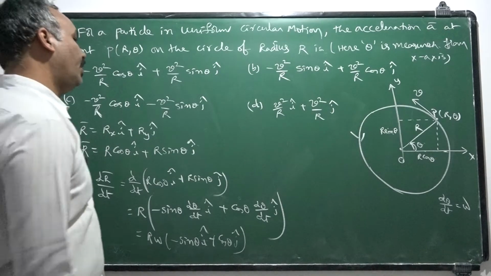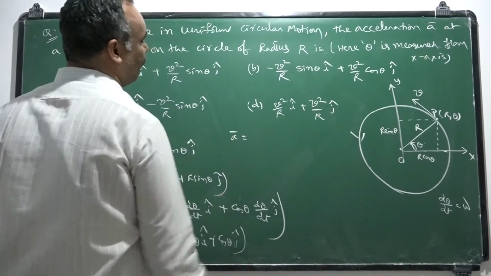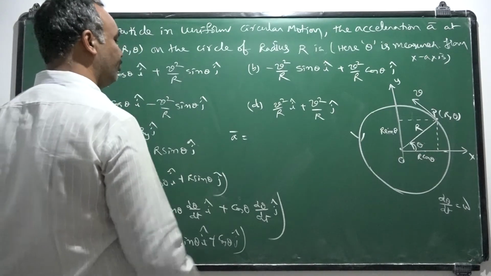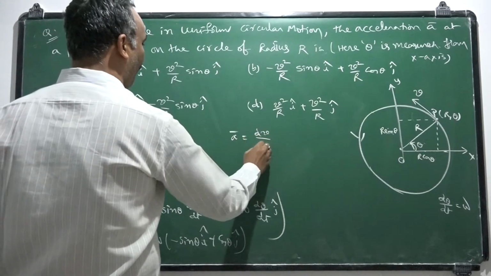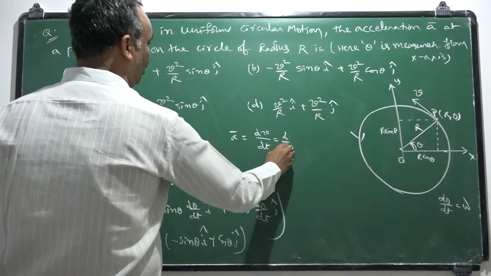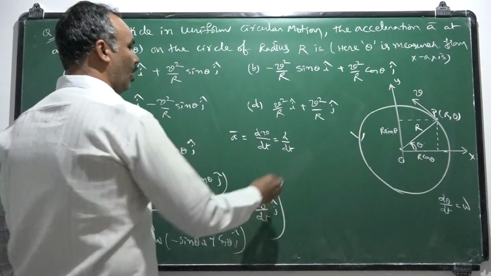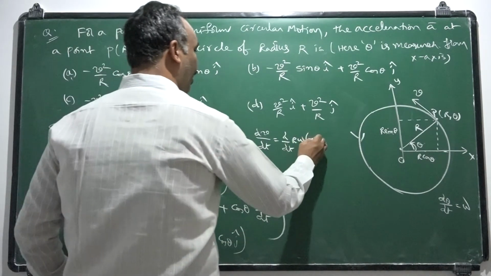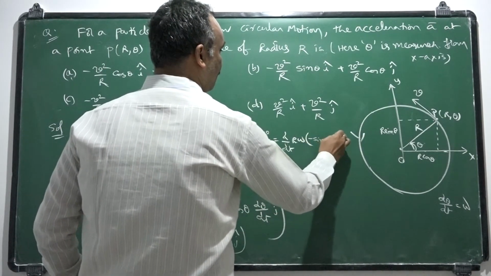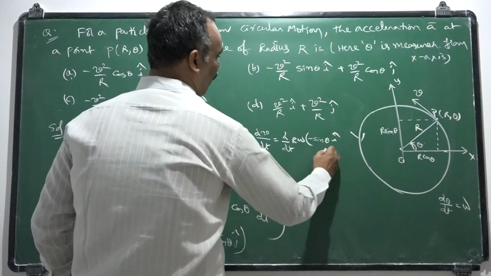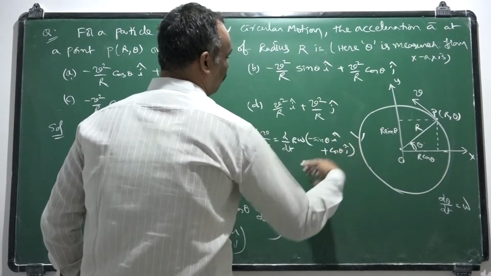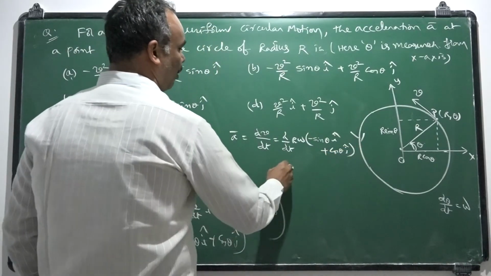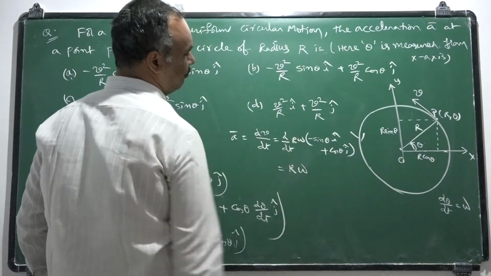Now I need acceleration. Acceleration is nothing but dv by dt, nothing but d by dt of r omega times minus sin theta i cap plus cos theta j cap. So r is fixed, omega is fixed.